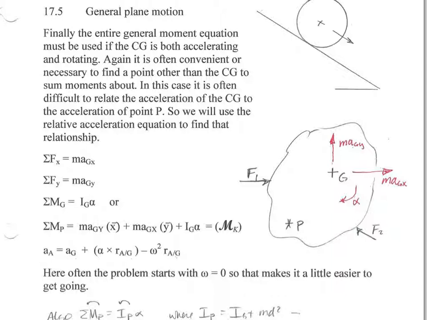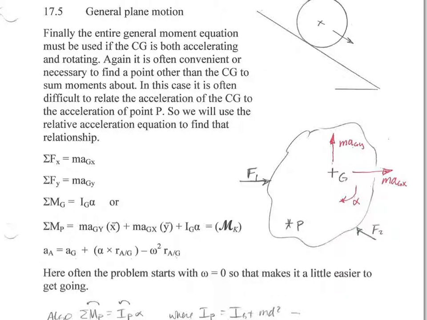All right, so our equations that we'll consider are the sum of the forces in the x, the sum of the forces in the y, and the sum of the moments about G is I_G alpha. If you're going to sum moments about some other point, then this general equation applies that we talked about in translation. We'll also maybe need to keep track of our angular acceleration and how it changes relative to another point.